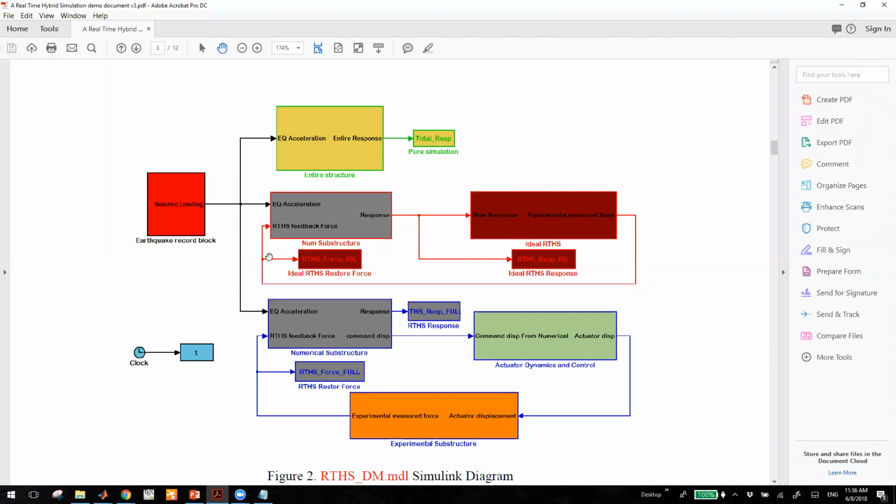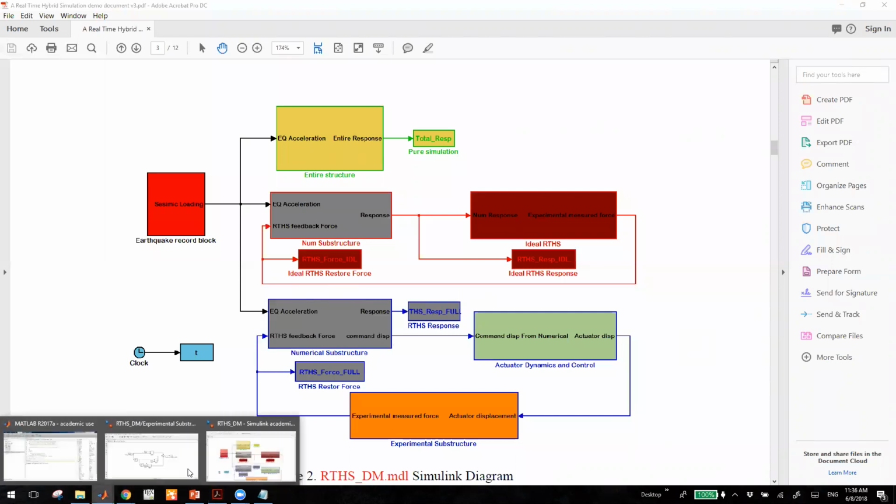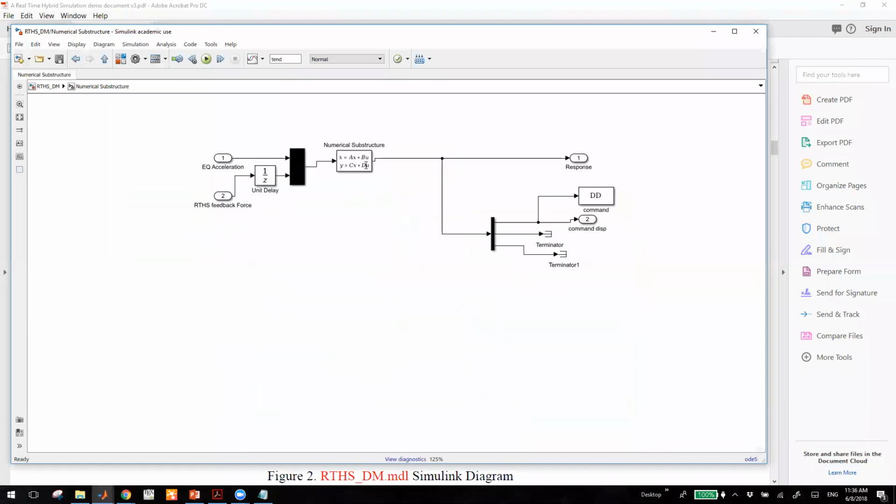We have 1 part for numerical and 1 part for experimental, and when we add them together, they should be the entire structure. And the third layer is the realistic representation of a real-time hybrid simulation, in which you have your numerical substructure, and you also have your actuator control algorithm inside.